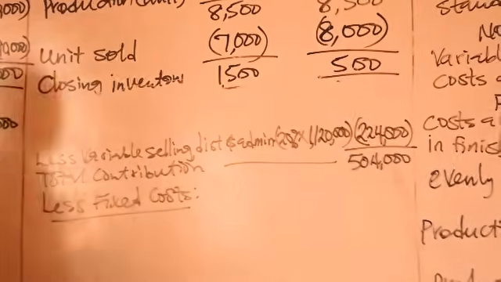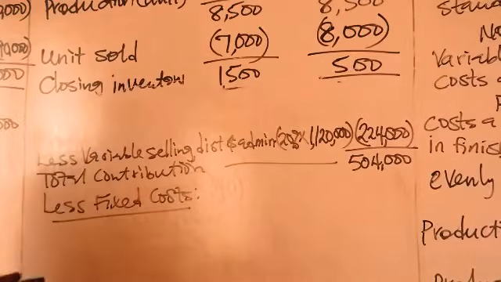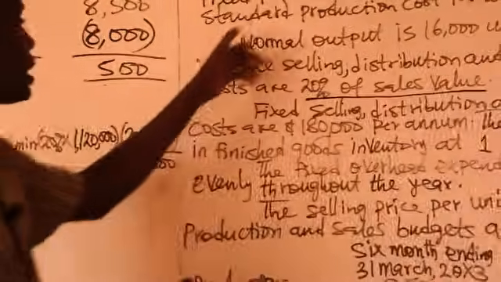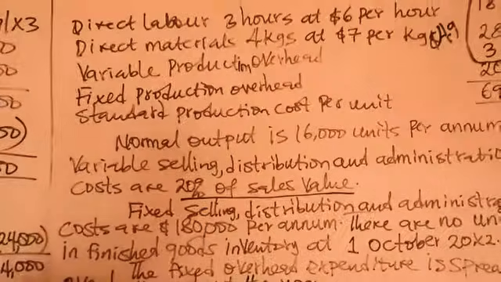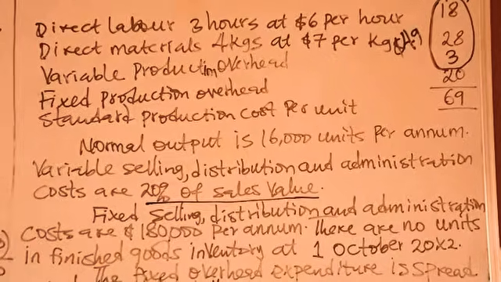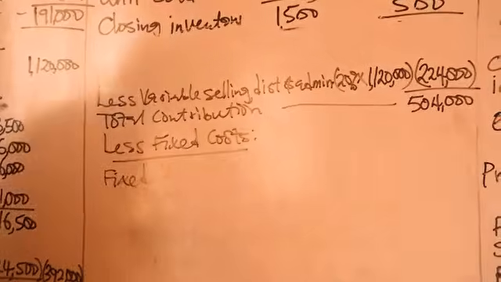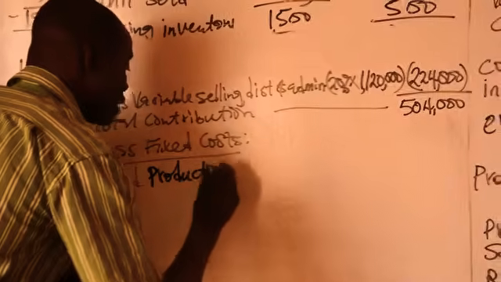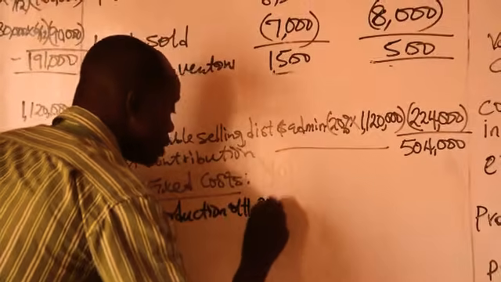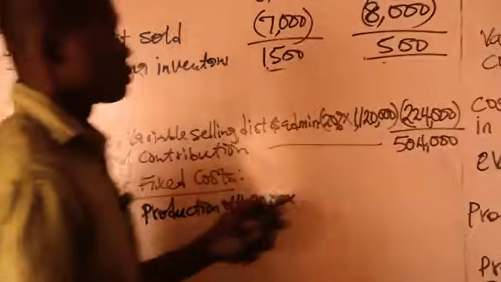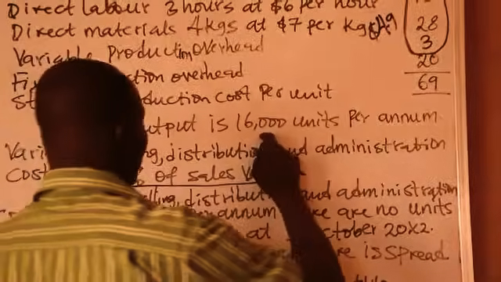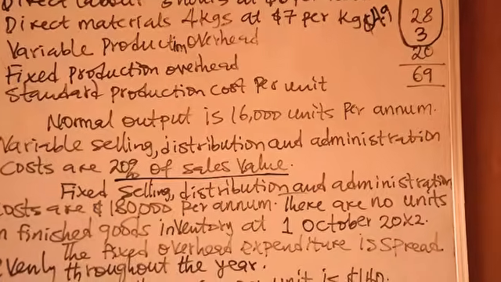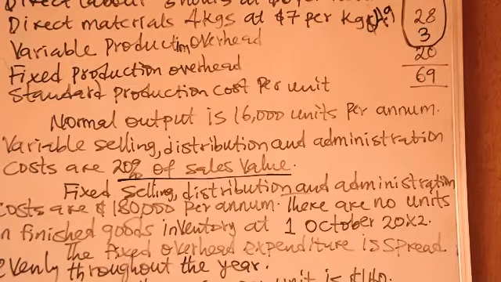Our fixed cost includes fixed production overheads, which is $20 times the budgeted production of 16,000.